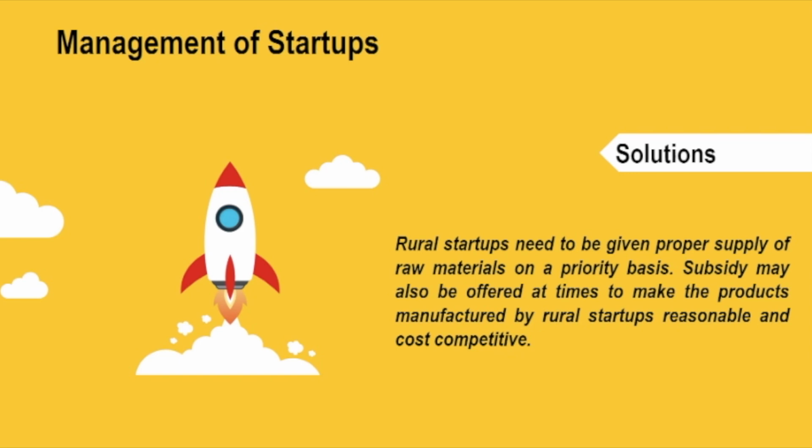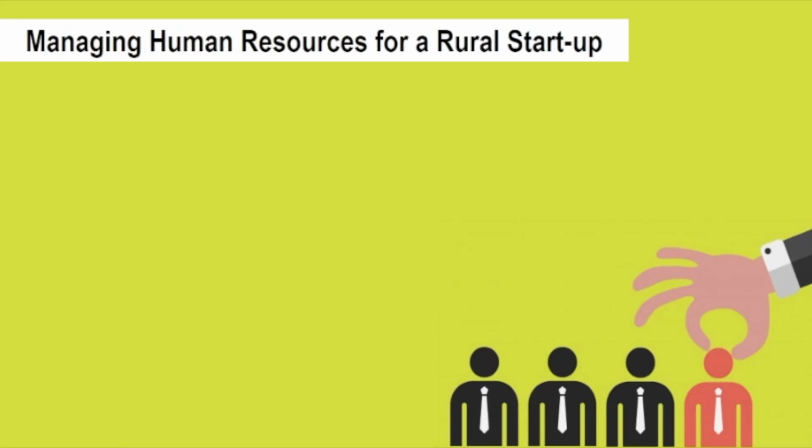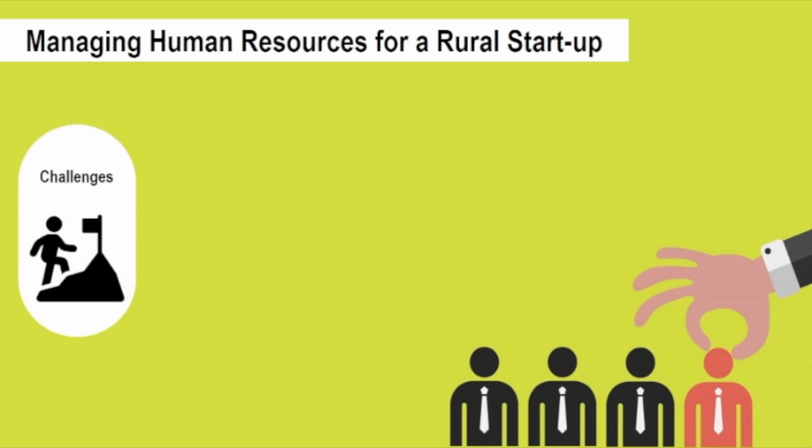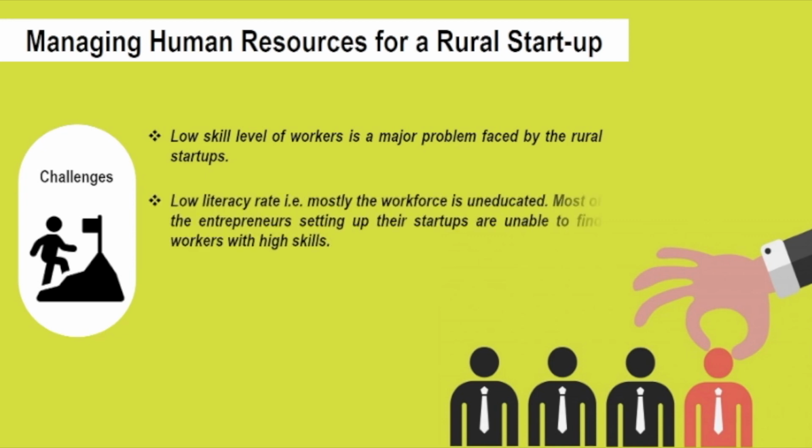Now learners, the next major part is the management of human resources for a rural startup. What are the challenges faced in managing human resources? The major challenge is the low skill level of workers. It is a major problem faced by rural startups. The reason for this is the low literacy rate, that is, mostly the workforce is uneducated.